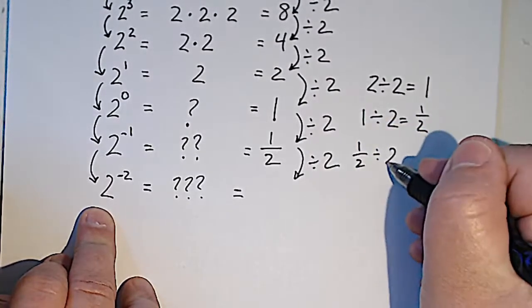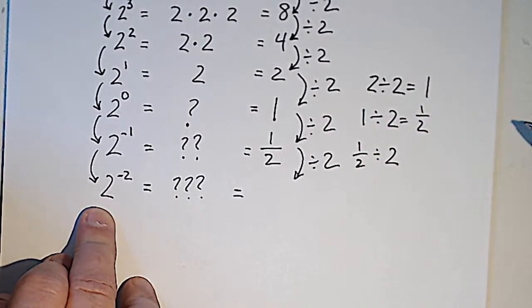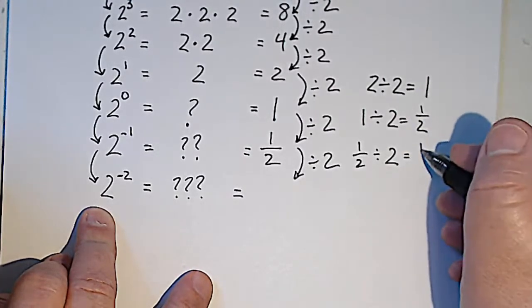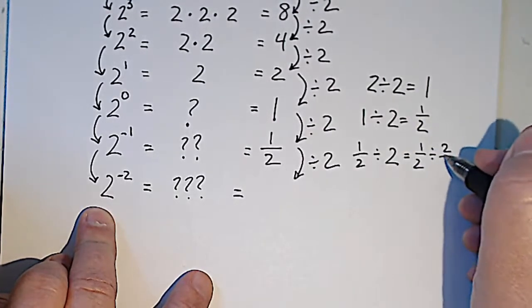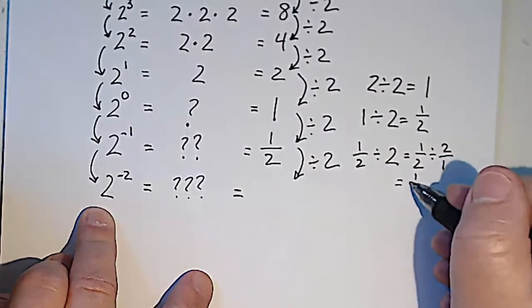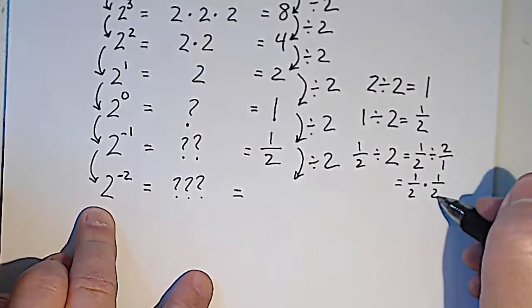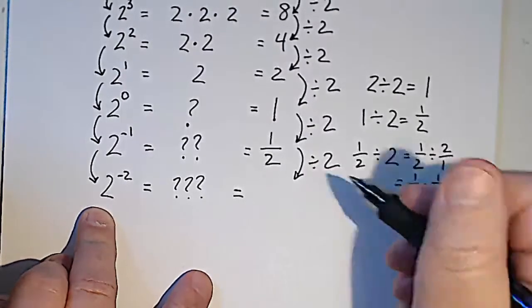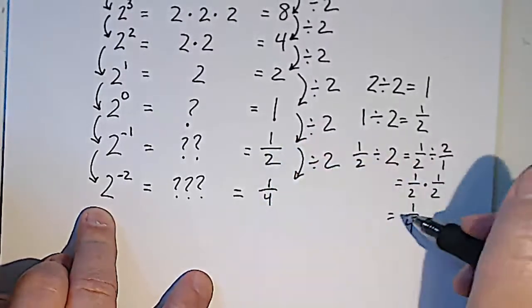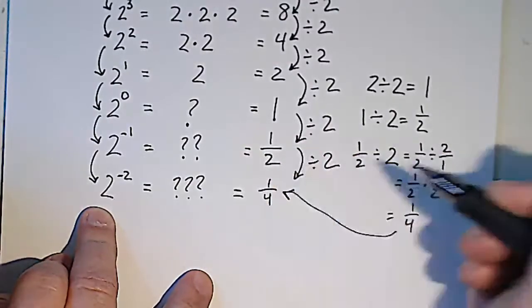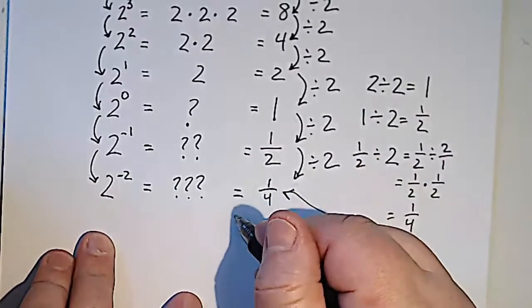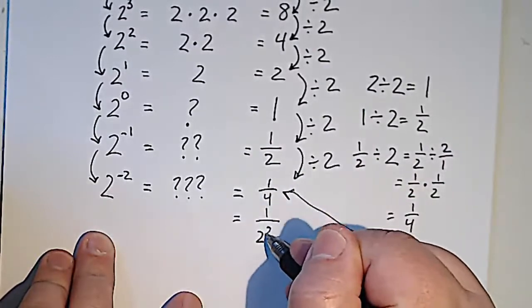1/2 divided by 2. Now, this is something that's more complicated. I'm going to have to remind you about fractions. That's 1/2 divided by 2 over 1, which is 1/2 times 1/2, which is 1/4. So this is going to be 1/4, this guy. 2 to the negative 2 is 1/4, which is really 1 over 2 squared.